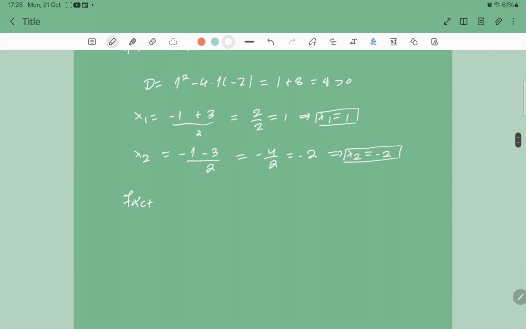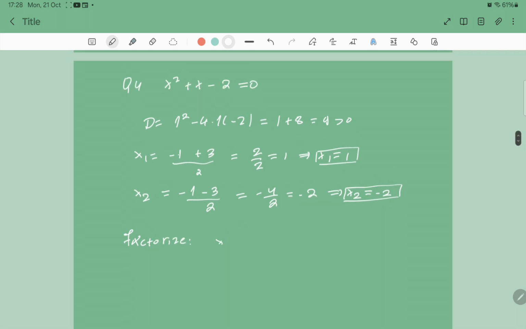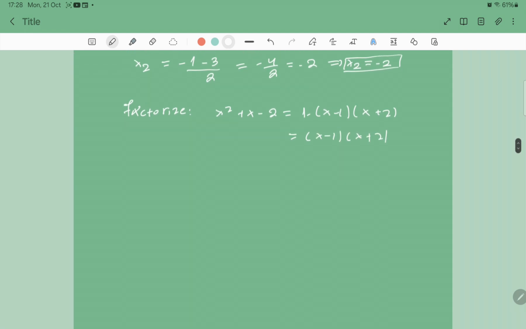How can we factorize this polynomial? x squared plus x minus 2 equals 1 times x minus 1 times x plus 2. This is my factorization here.